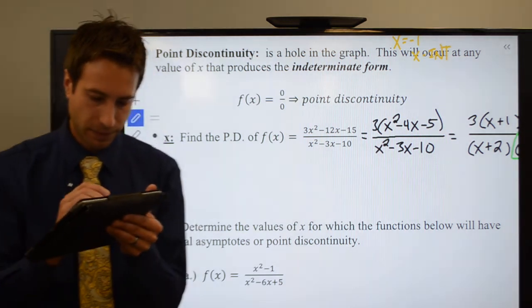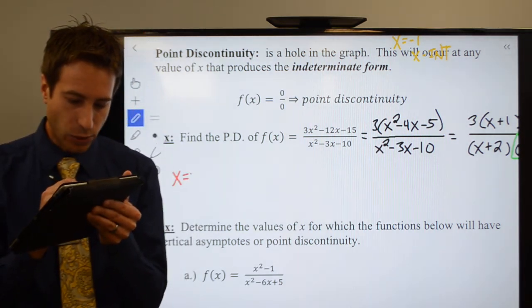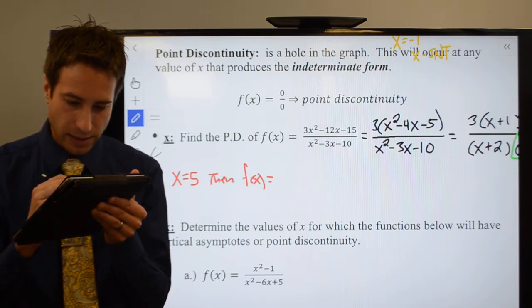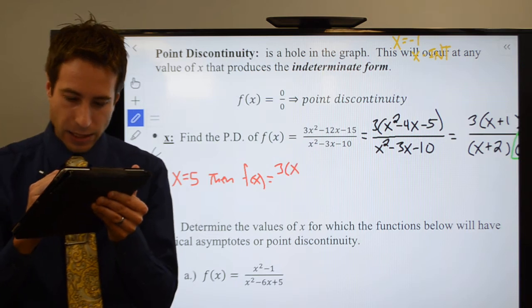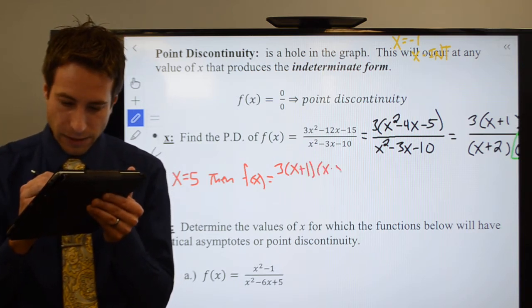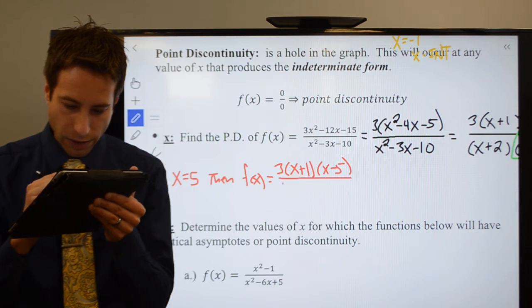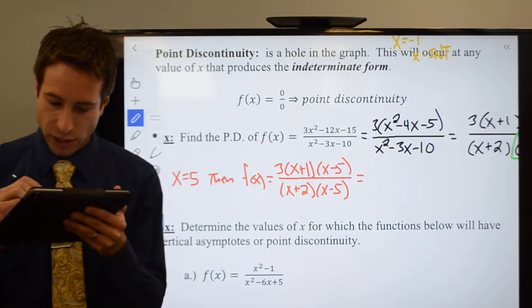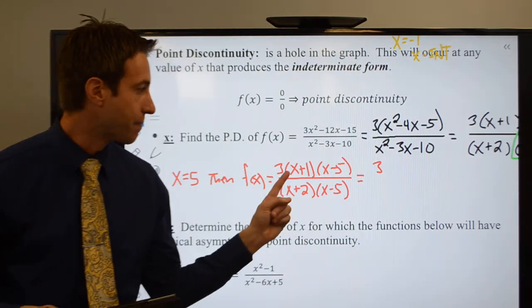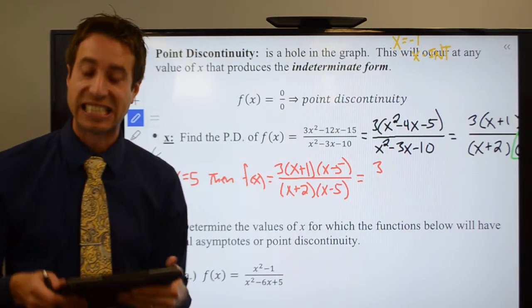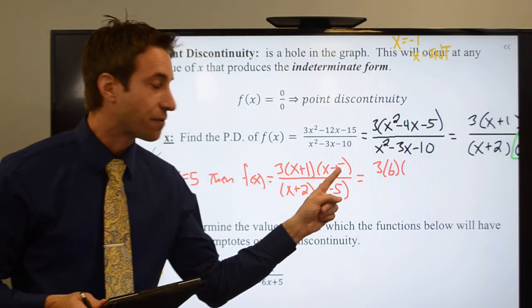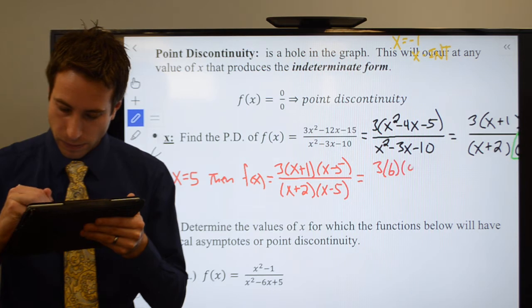If x is equal to 5, then f of x, which is 3 times x plus 1, x minus 5, all over x plus 2, x minus 5. I plug in a +5, and here's what I get. The 3 stays a 3. 5 plus 1 is 6. 5 minus 5 is 0.